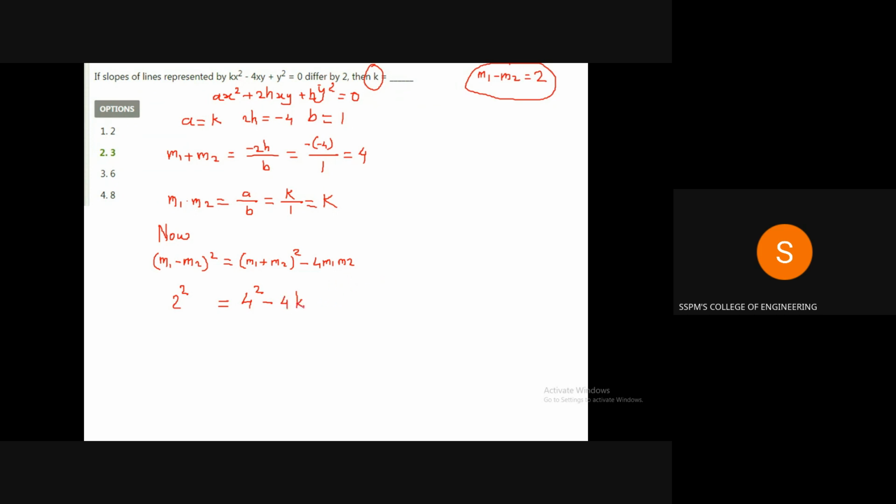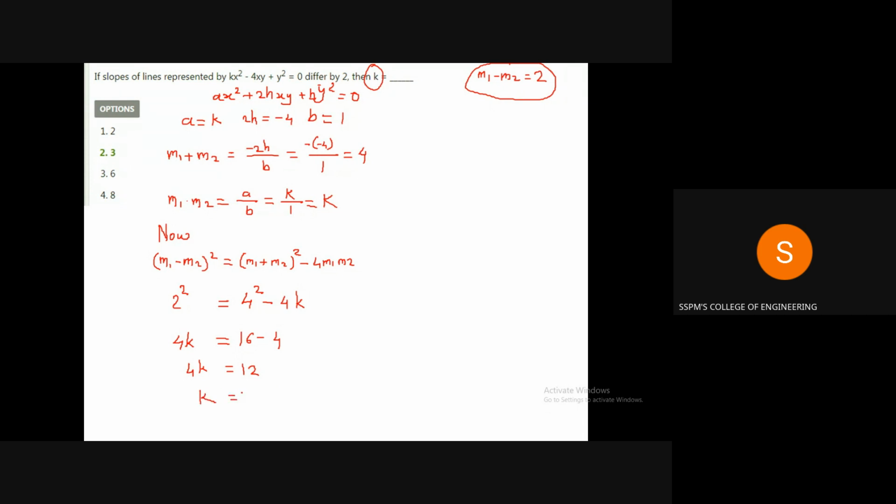It is k. So let's take this 4k on the left hand side, we will get positive 4k, and 4 square is 16, and this 2 square on the right hand side will become minus of 4, 16 minus 4. So 4k is equal to 16 minus 4, it is 12.